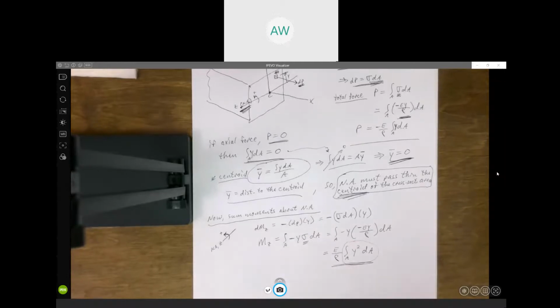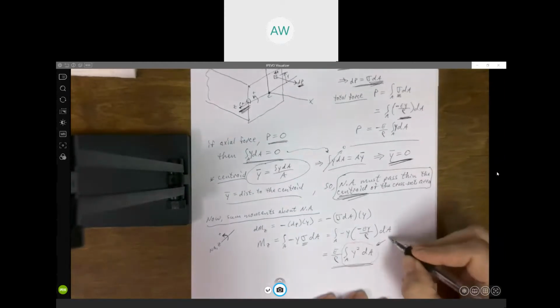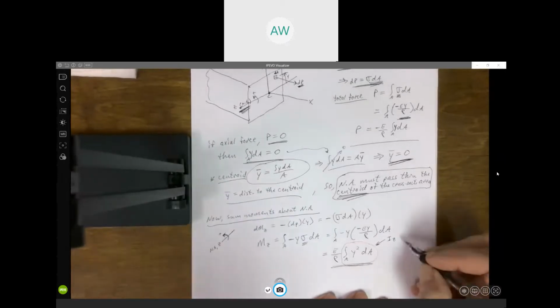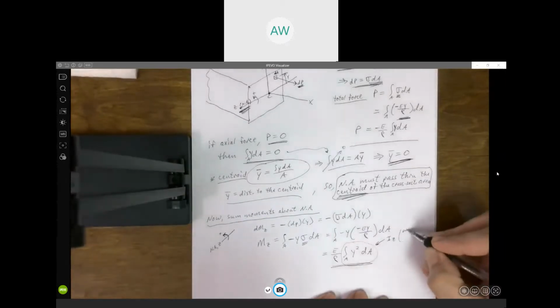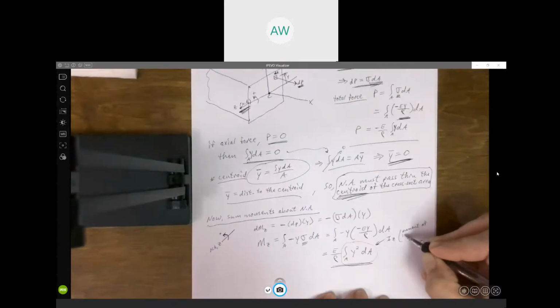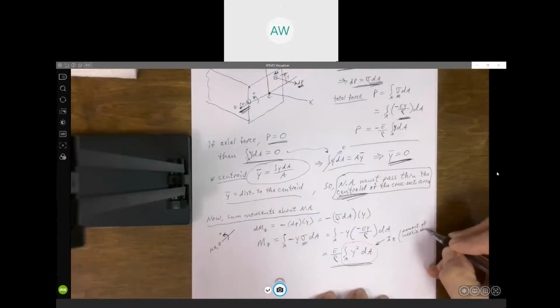You saw it in statics. Is it a moment of inertia? That is correct. It is the integral for moment of inertia. This would be the moment of inertia about the z-axis.